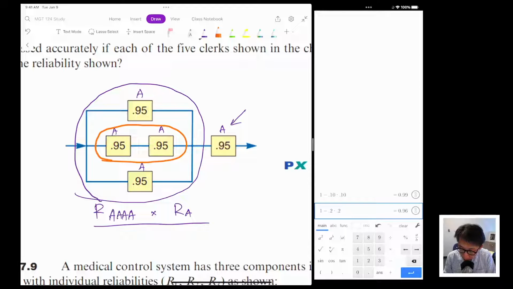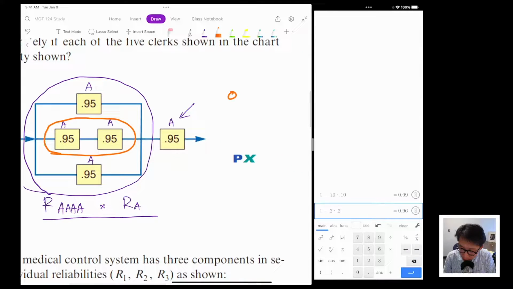A and A in the middle layer are actually a series design, so you multiply 0.95 by 0.95, and that gives you the reliability of the middle layer. Once that is done, your system will look like this.